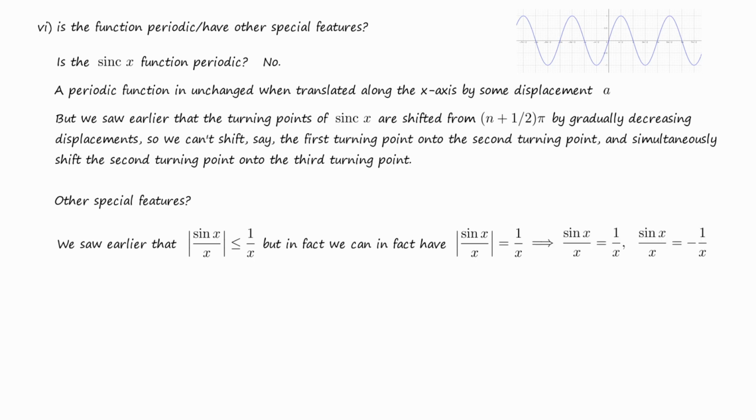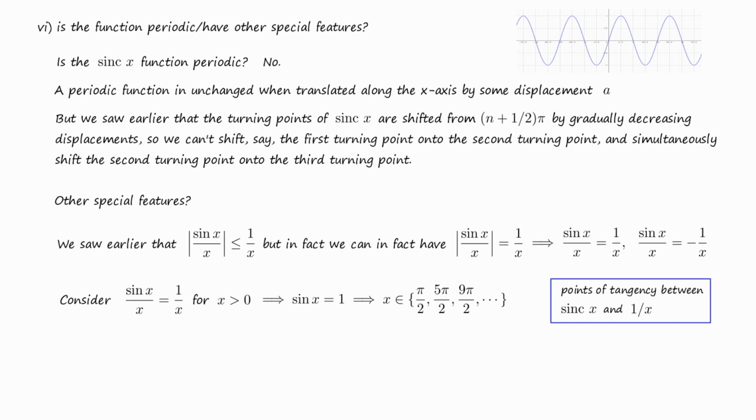Now, if mod sin x over x equals 1 over x, then we get two equations, sin x over x equals 1 over x, and sin x over x equals negative 1 over x. And we can solve both of those equations trivially. Mod sin x over x equals 1 over x for x greater than 0 tells us that sin x equals 1, so that x is pi by 2 or 5 pi by 2 or 9 pi by 2, and so on.